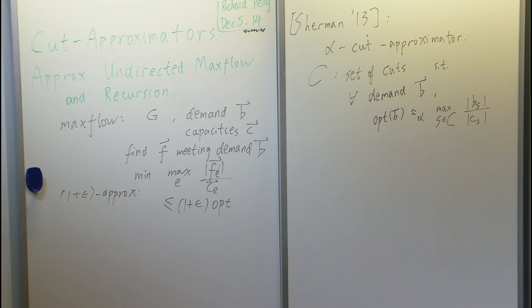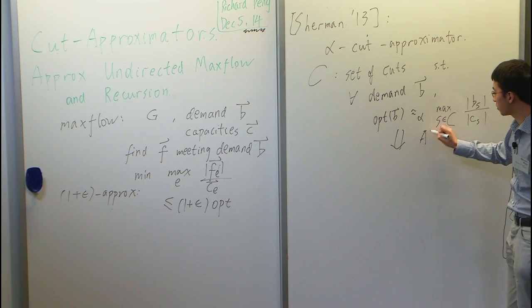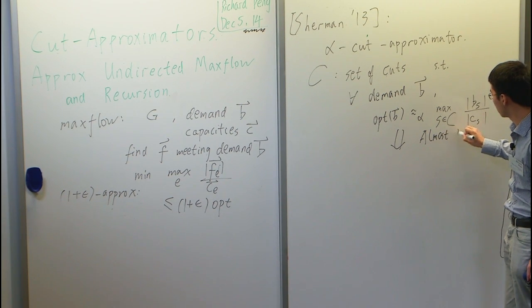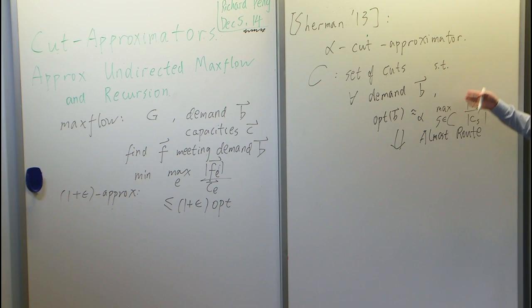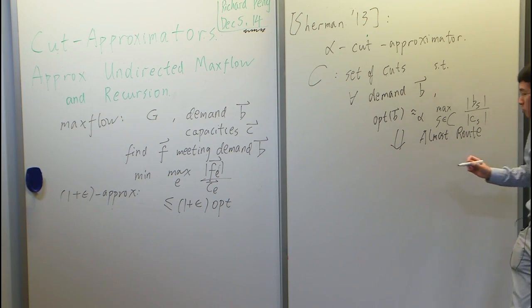What Jonah showed in the previous talk, via an algorithm known as almost route, is that if I have access to such an alpha cut-approximator, I can quickly use it to approximately compute maximum flows.